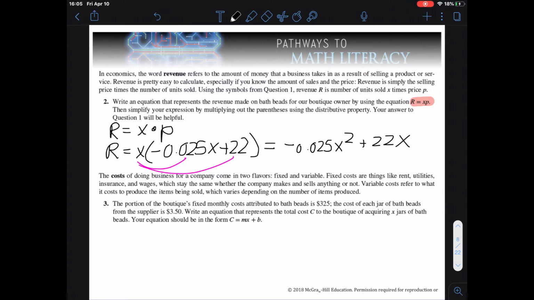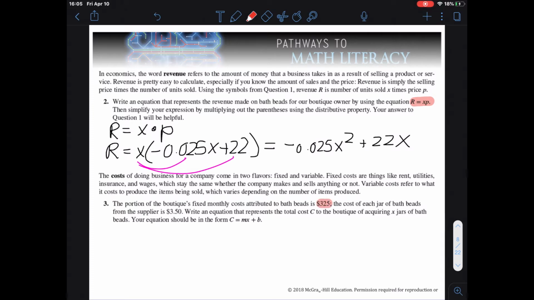That's the money they have to pay associated with these bath beads. The cost of a jar from each supplier is $3.50. So they're going to charge you more than $3.50 so they can make a profit. But at their wholesale, I'm going to have to spend $3.50 for every single bath jar I sell.